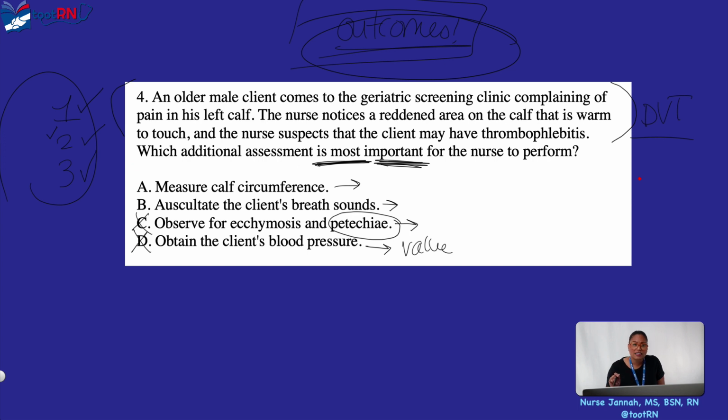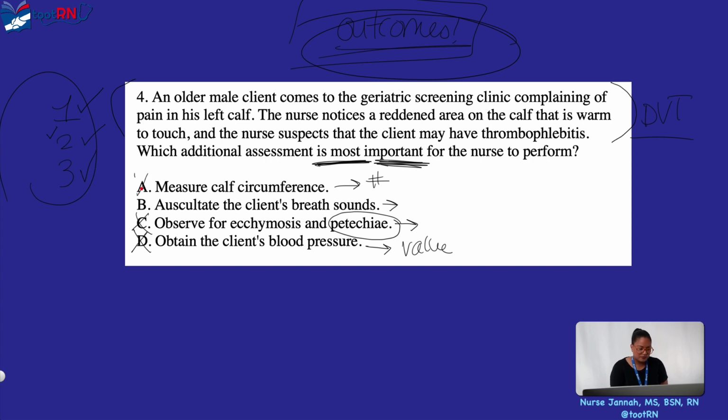If that's the worst case, which one of these actions between A and B would help us to get ahead of that? Measuring the calf circumference, again, we're going to get a number. Whatever number you get, does that do anything for the client and the DVT you think they have?